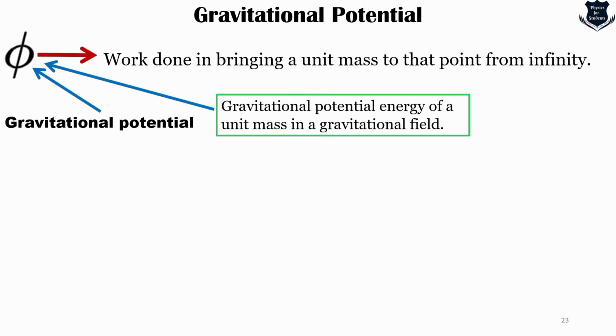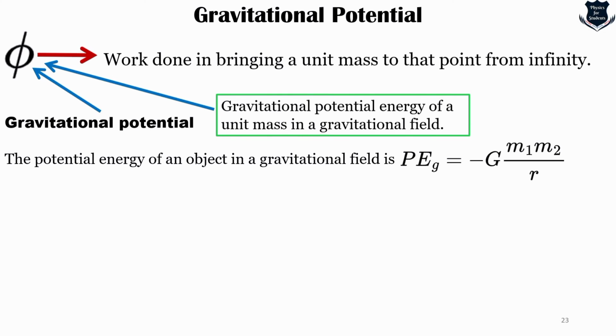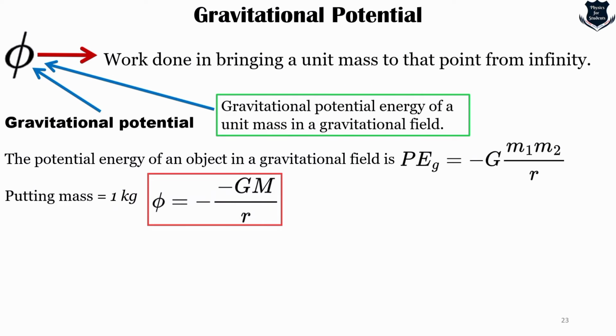When we talk of gravitational potential energy, the equation that immediately comes to mind is this one, which we already know from school physics. Letting one of the masses equal 1 kilogram, we can define the gravitational potential field, which is a scalar field, as phi equals minus GM by r.